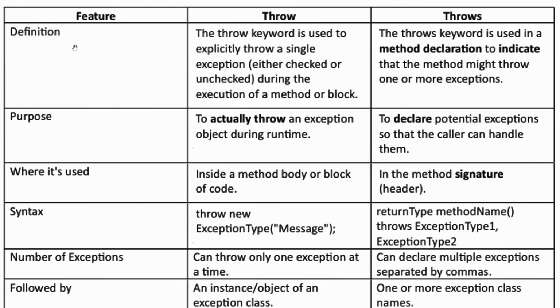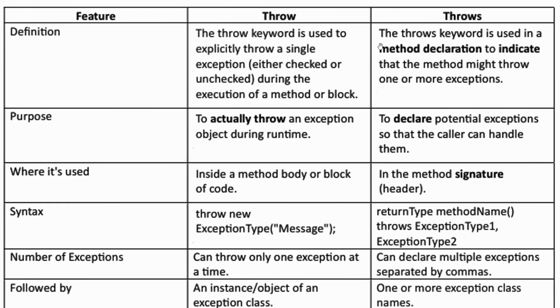The first difference we will see is the definition. The throw keyword is used to explicitly throw a single exception, either checked or unchecked, during the execution of a method or a block.